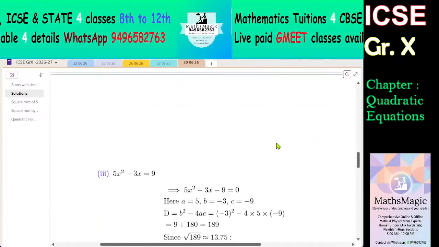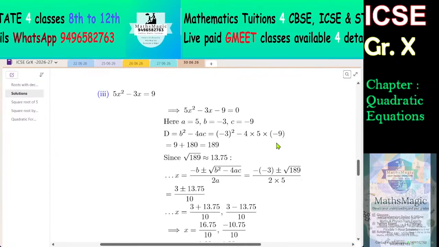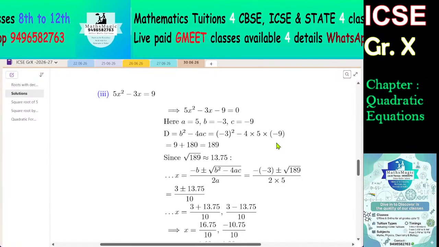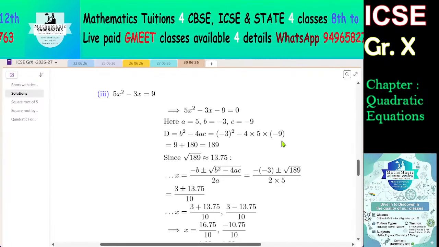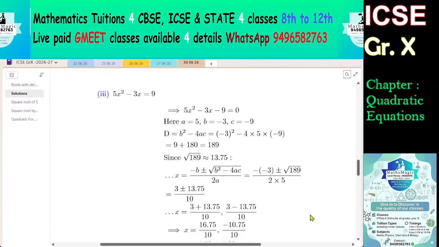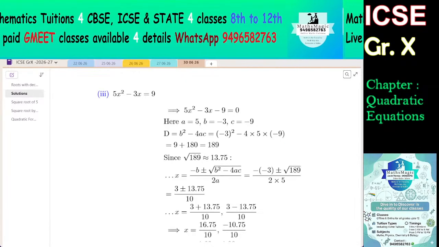Now moving on to the next one, 5x squared minus 3x equals 9. The same thing: the square root of 189.